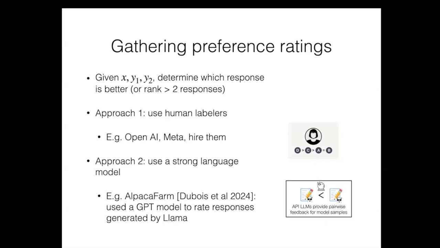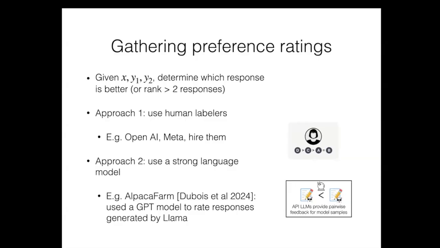On the ChatGPT interface, sometimes it says, which response do you prefer, A or B? I don't know what they're doing at OpenAI, but maybe they can use that as preference data. One thing that's been done in the open source community is to use a really strong model to annotate the preferences.